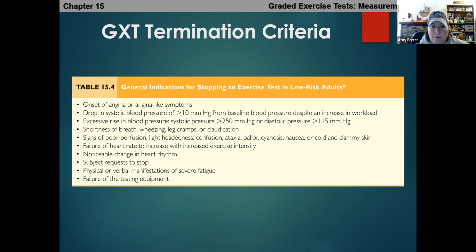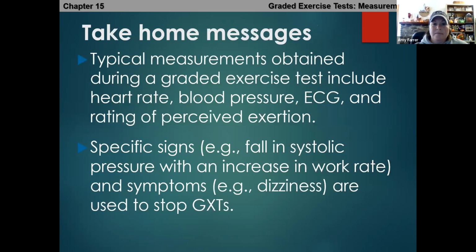I would know why we would choose to stop the test. I would put a big fat star on this slide because if you don't listen to these things, we can kill people, okay? So just recognize we're going to have to look at different things during these tests.